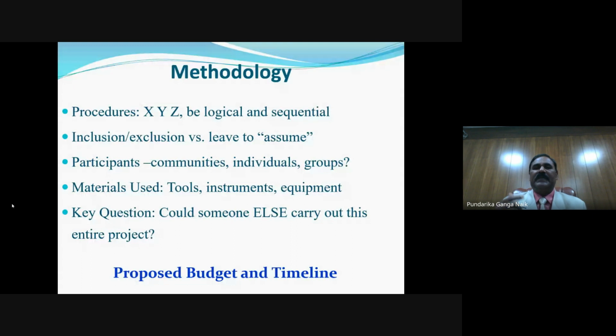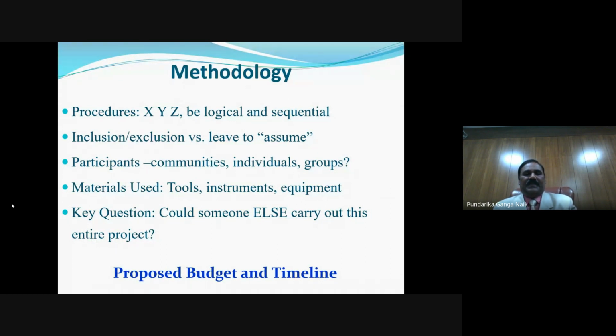You are supposed to get the quotations from the appropriate agencies, and you have to work a lot in the background to propose the correct price for the instruments as well as the equipment and the other tools and consumables that you are going to plan for your research project.